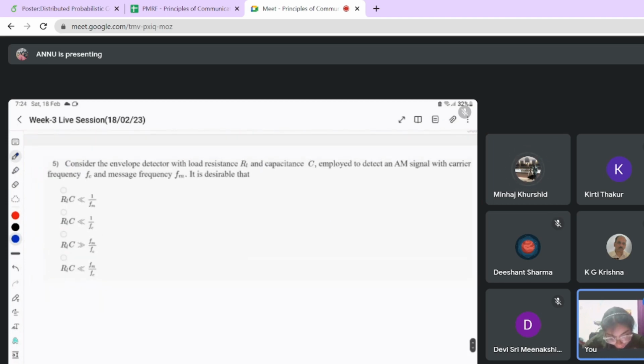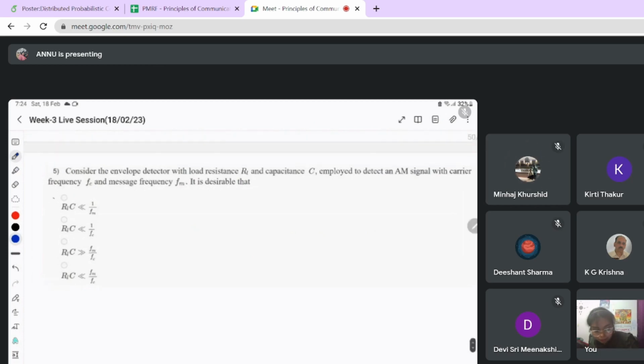Consider the envelope detector with load resistance R_L and capacitance C employed to detect an AM signal with a carrier frequency f_c and message frequency f_m. It is desirable that... tell me the answer. The first option. Nice.